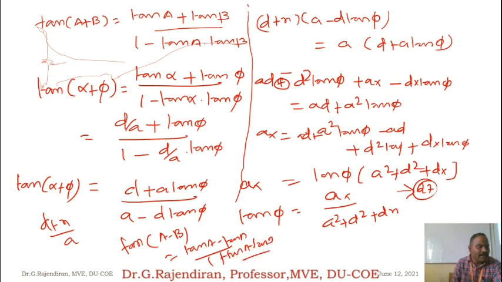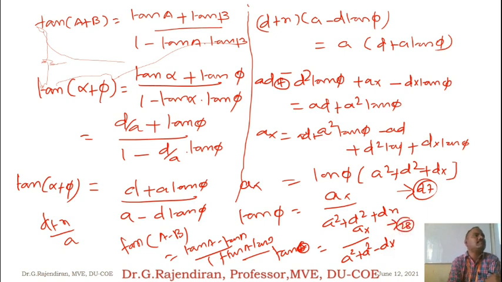After simplification, we get tan theta is equal to ax divided by a square plus d square minus dx. The same procedure, if you repeat it, you can get tan theta. So we get the equation.